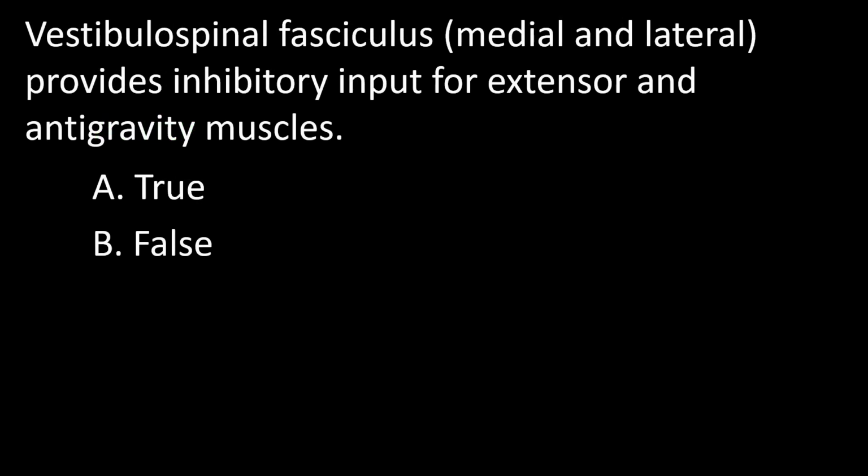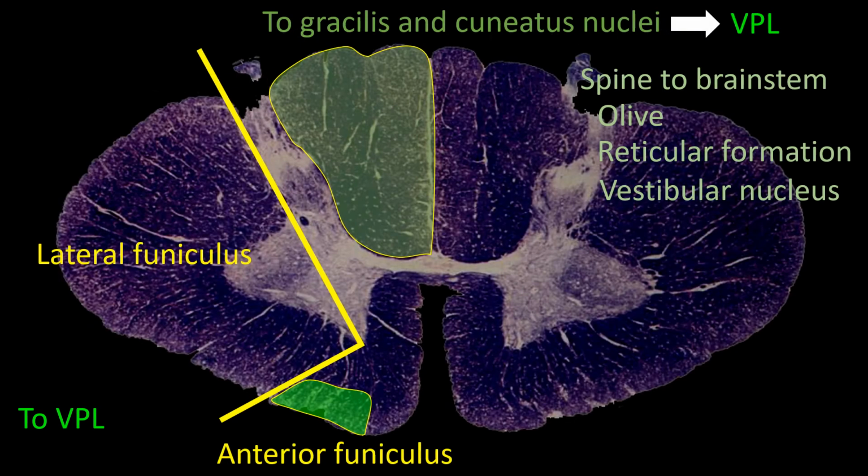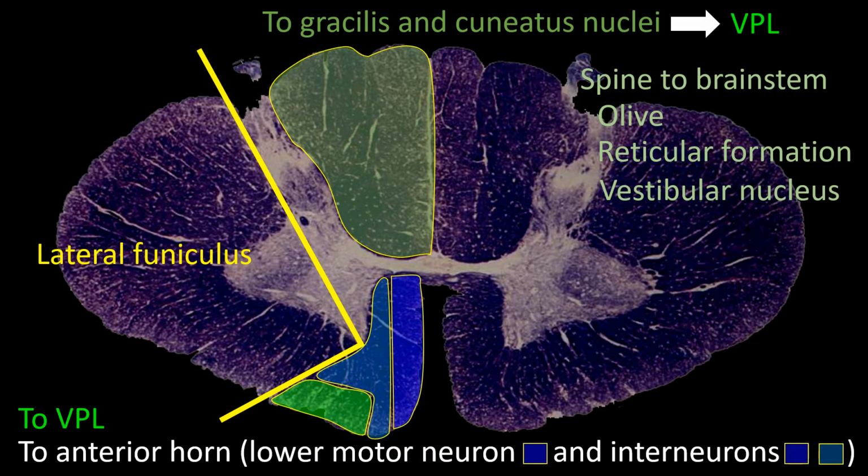Next question. Vestibulospinal fasciculus, medial and lateral, provide inhibitory input for extensor and anti-gravitatory muscles. A true, B false. In addition to ascending tracts, the anterior funiculus also has descending tracts, which I have now introduced in light blue.